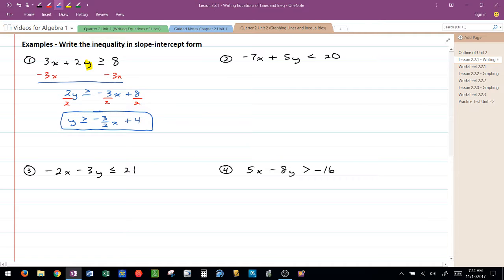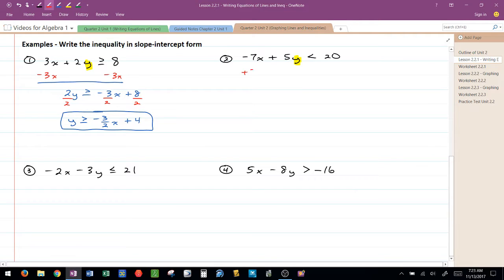Now, one thing I noticed the last time we were doing this was quite a few of you wanted to divide before you added or subtracted. Remember, in each one of these scenarios, I am adding or subtracting the x over to the opposite side first. Then I worry about my division. Let's take a look at example number 2 here. On example number 2, I've got to move that 7x. Remember, my goal is to get y by itself.